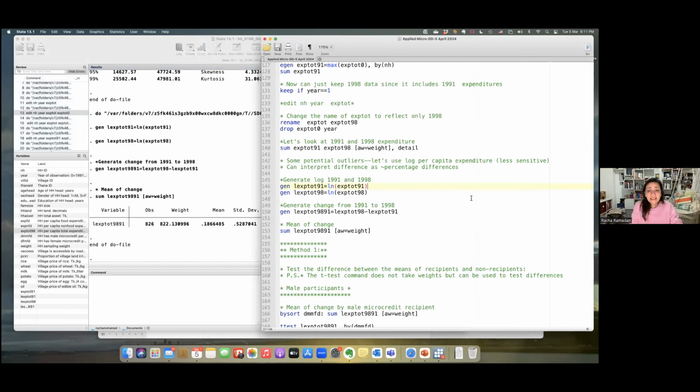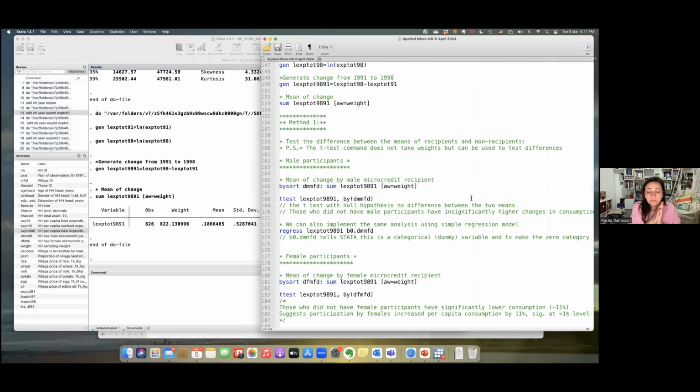So the first thing, if I want now to control for the participation in the program, and again, this is a very simple way to see if there is a difference between household beneficiaries of male microcredit and others who are not beneficiaries. Very simple, just to test if there is a difference or not.